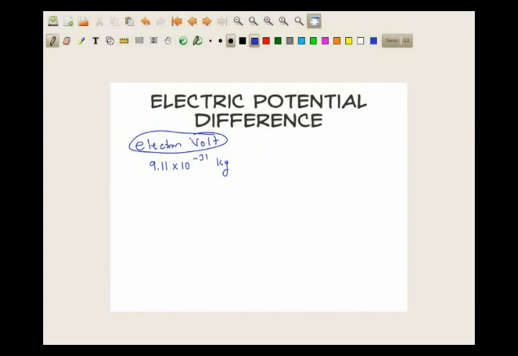The electron-Volt is the energy gained by a particle that carries 1 unit of elementary charge, for instance, an electron. It's the energy gained by that particle when it moves through a potential difference of 1 volt.